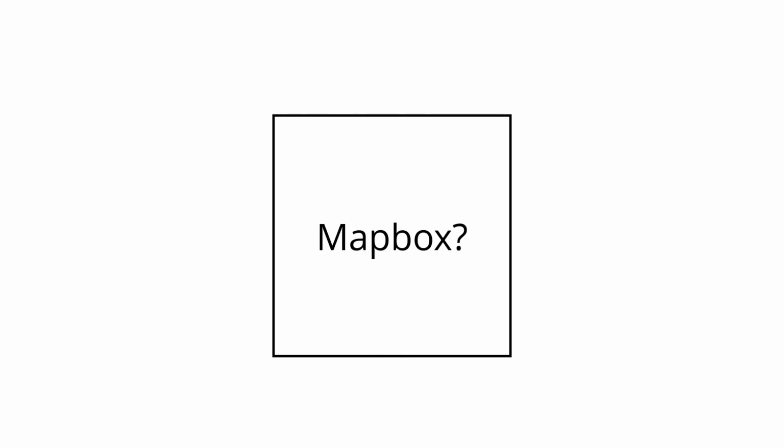Again, unfortunately, there's not enough time in this tutorial to really dig deep into Mapbox, so I'll leave that up to you to go and determine if that's something you want to use. Just be aware that if you are using Mapbox, there's a bit of extra setup involved where you have to get an API key from Mapbox in order to use their service.